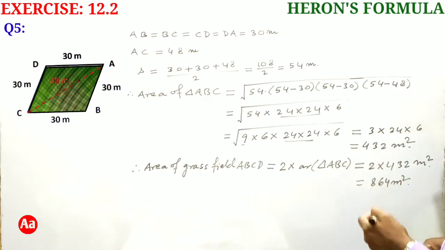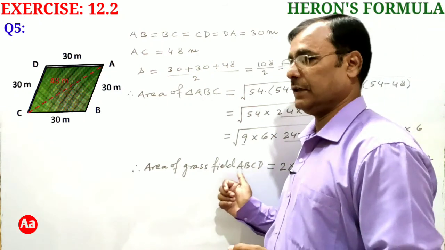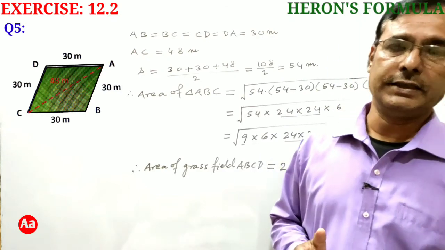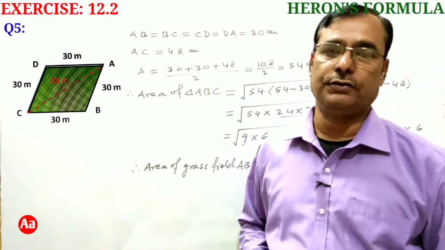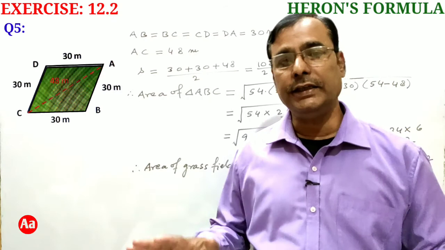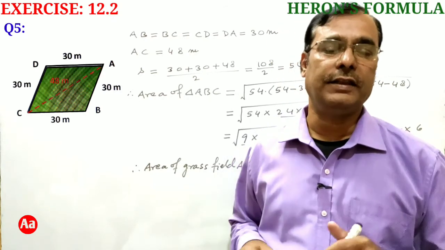So the area of the grass field we have determined is 864 meter square. There are total 18 cows to graze in the field.